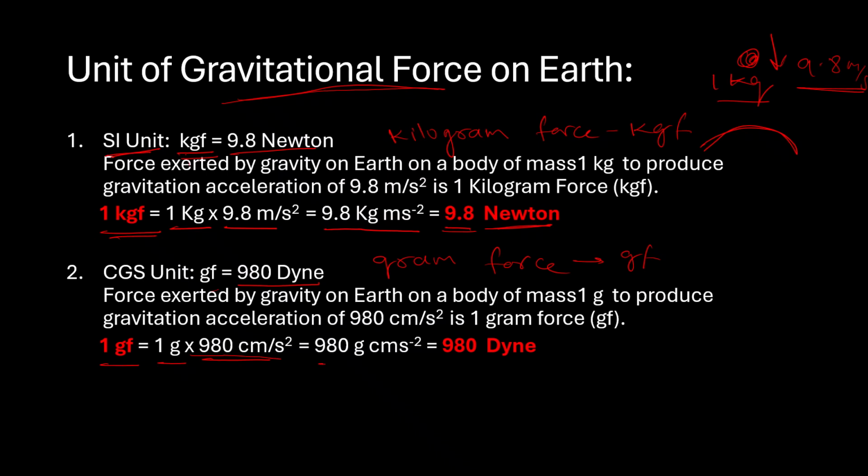So the total is 980 gram centimeter per second square, and in dyne we can say it is 980 dyne. So 1 gram force is equal to 980 dyne, right? So for gravitational force, in SI unit it is kgf, and in CGS unit it is gf. We can also measure in Newton and dyne, but the units of gravitational force we say are kgf and gf.